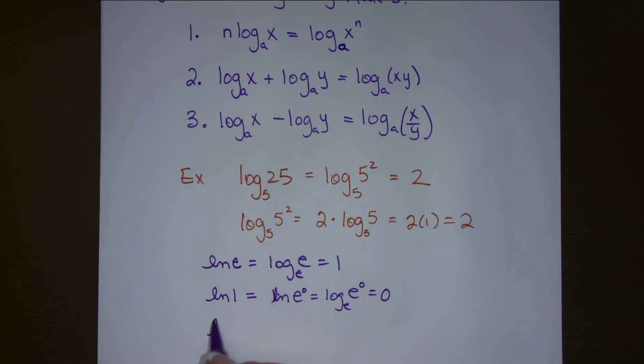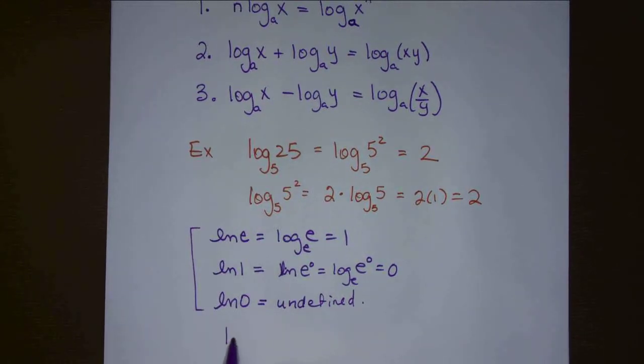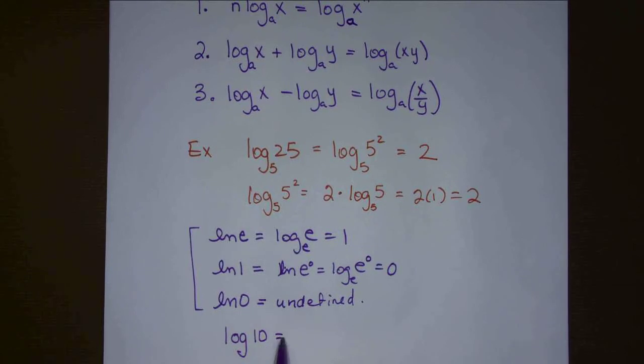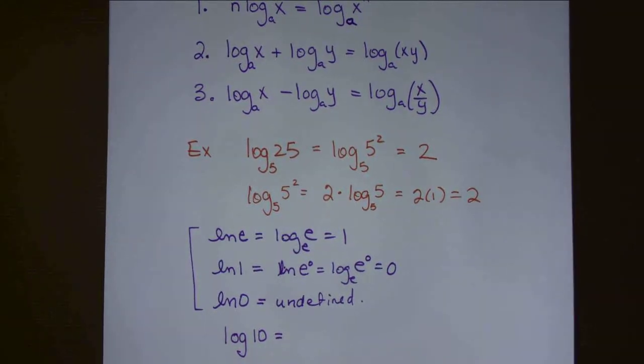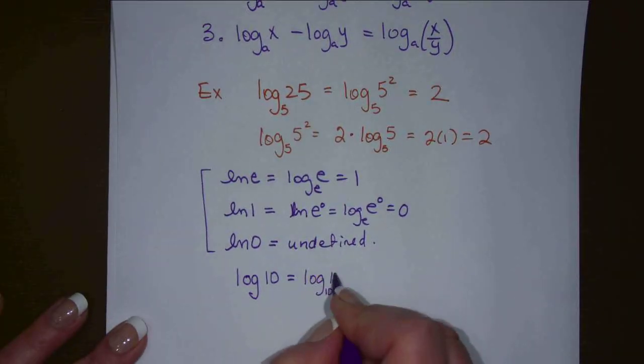And what about ln of 0? I told you before, undefined. You can never plug in a 0 to logs. And what about log with no base? What base is that understood to be? 10. So what's this equal to? 1, because this is the same as log base 10 of 10, which is 1.